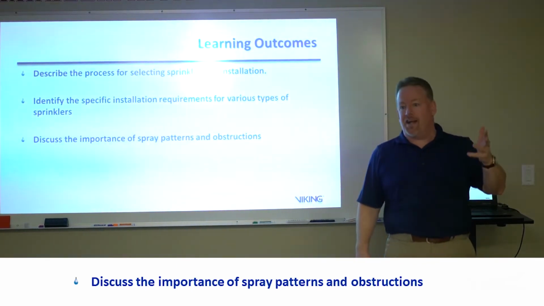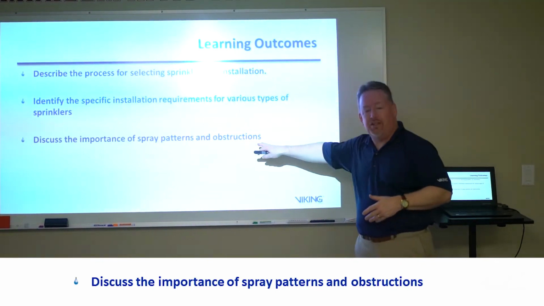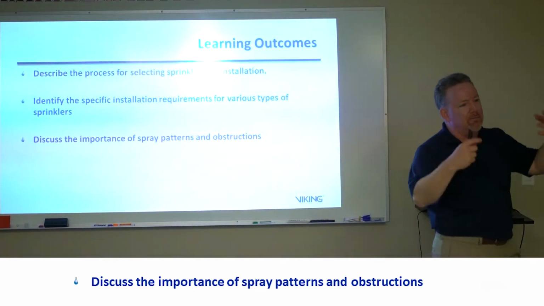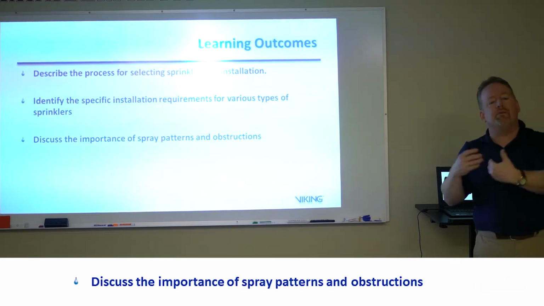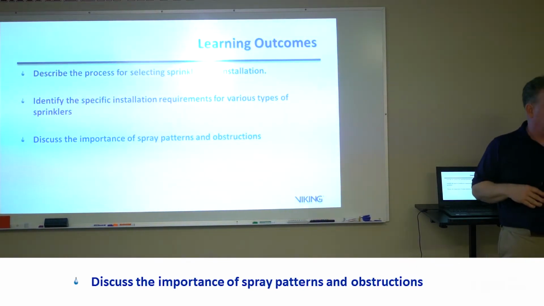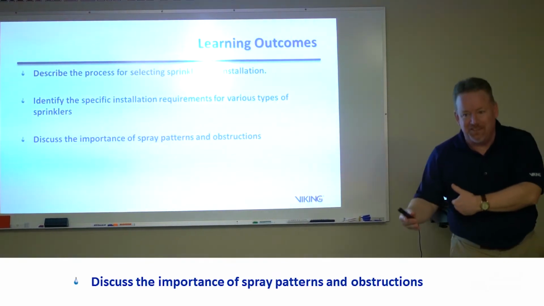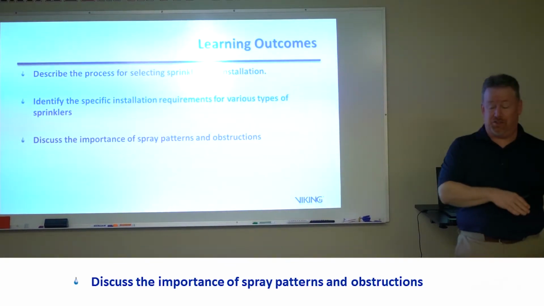So in certain areas, we're going to need to learn how to deal with obstructions to the spray pattern, and remember that the type of sprinkler that we're considering using is going to have different rules about avoiding the obstructions.